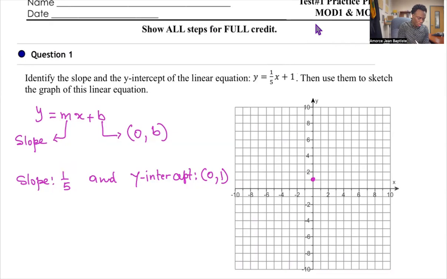And we remember slope is rise divided by run.